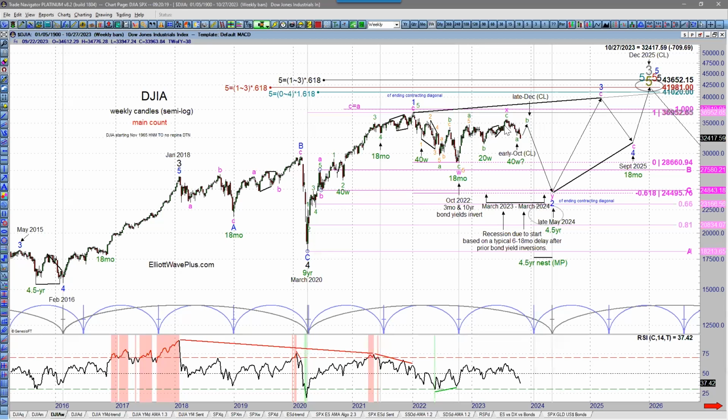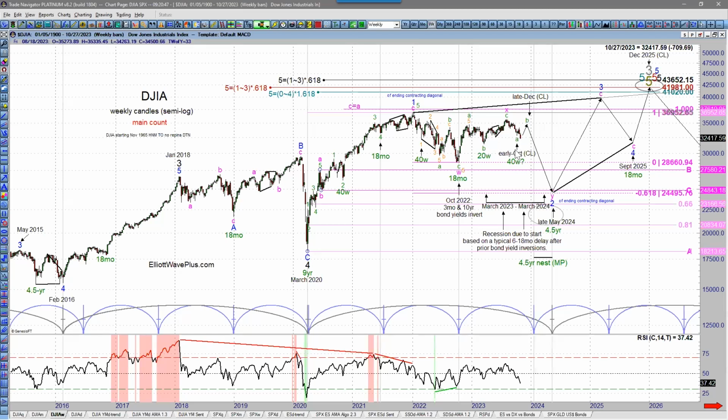However, when you look at the price action that has happened since October, this dip right here would be too early for a 20-week cycle, for a 40-week cycle. So the 40-week cycle was probably over here somewhere, and that was a long 40-week cycle, very likely. There's no really good place to put it.